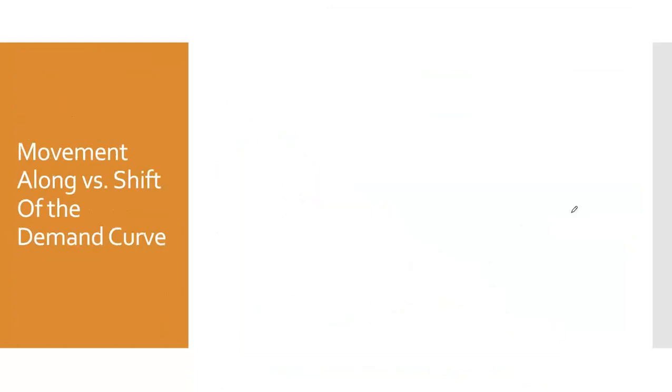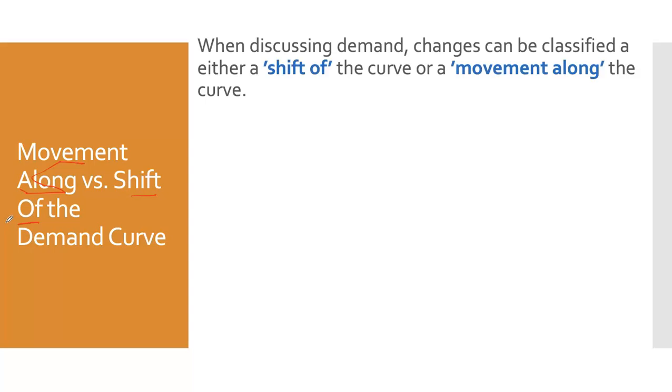This is where we can start to bring some terminology and consider what I mean by movement along and shifts of. And they're going to be very specific terminology that you must use in Year 12 economics. When discussing demand, we're going to discuss changes in demand as either being a shift of the curve or movement along the curve.